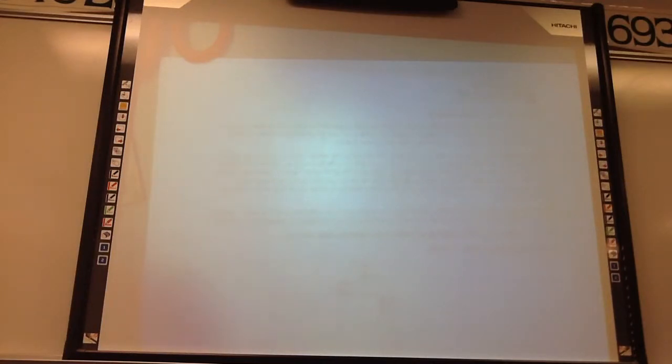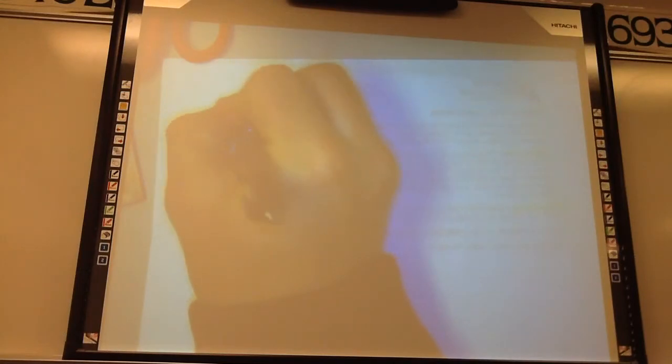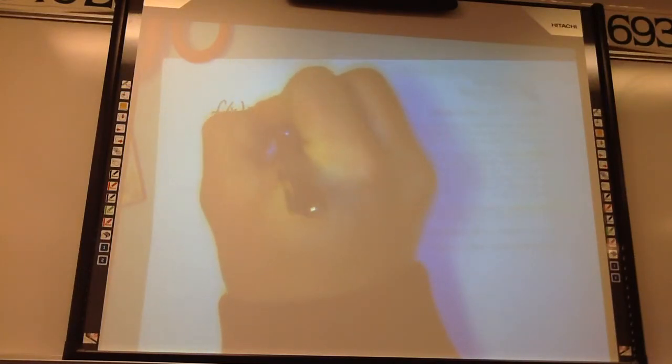Well, 2.4 says Descartes' rule of signs. And this is crazy. Did you learn this, Annie? I remember. Basically, if you have a function, you probably don't want to write this down.